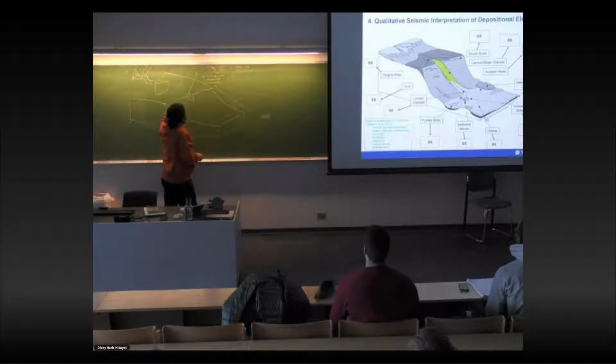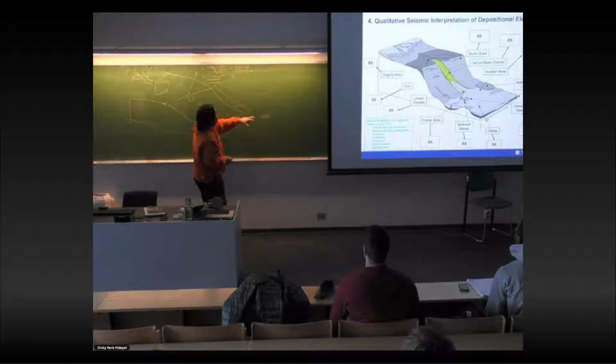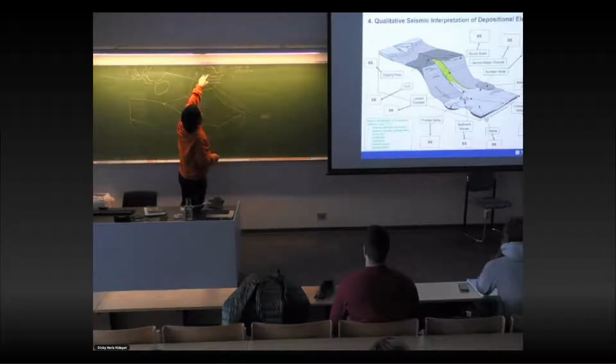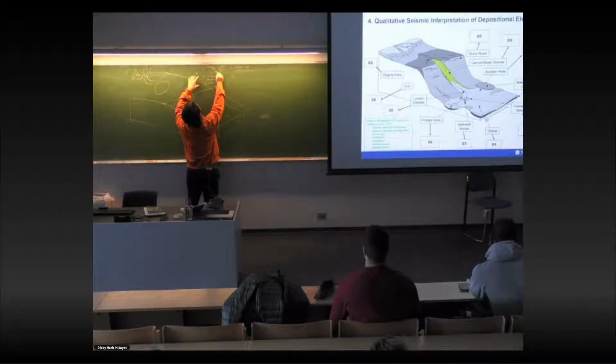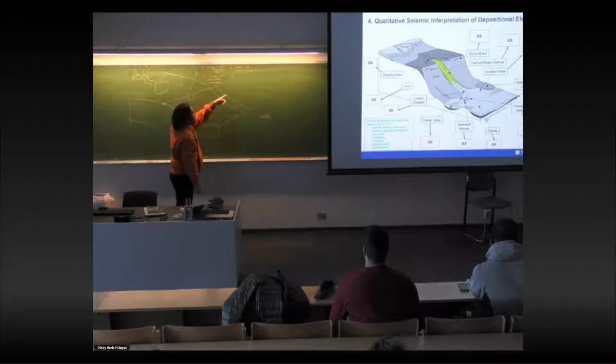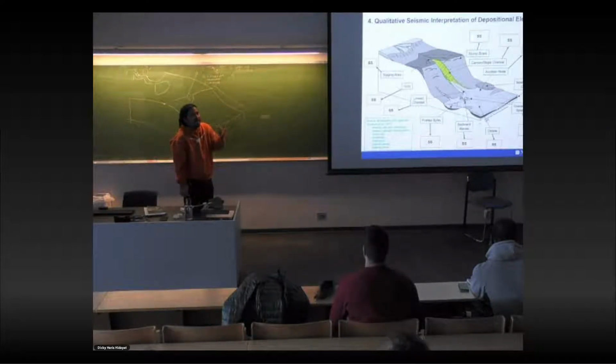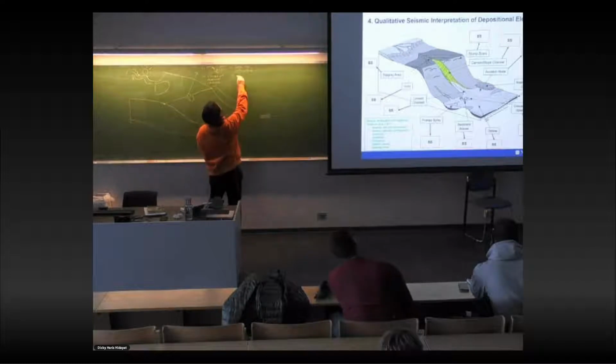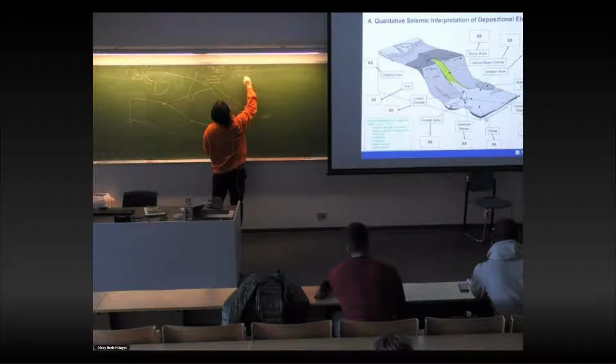So in this canyon feature, if the canyon is filled with a lot of drain, this is a high frequency. But if the canyon is filled by pelagic mud, then it's low frequency. So in this canyon system, you can have both low and high frequency.